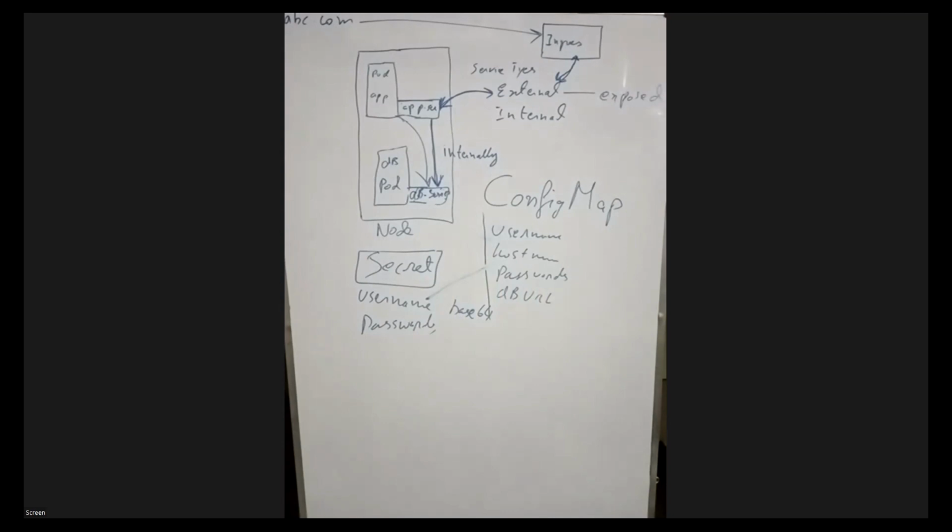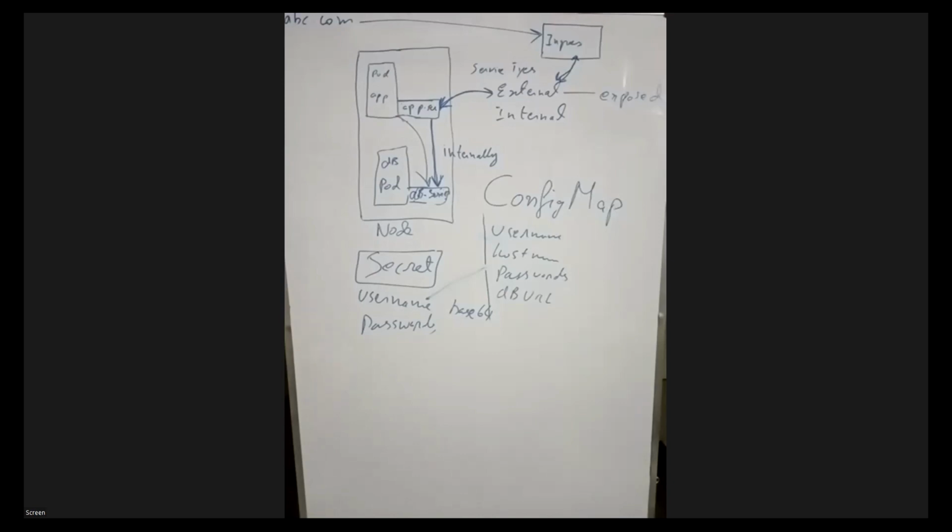At least tell me what is replica set. So the replica set is how many replicas of your pod you want to create. You define replica set value as 10, and 10 pods will automatically be created and load balanced through service.